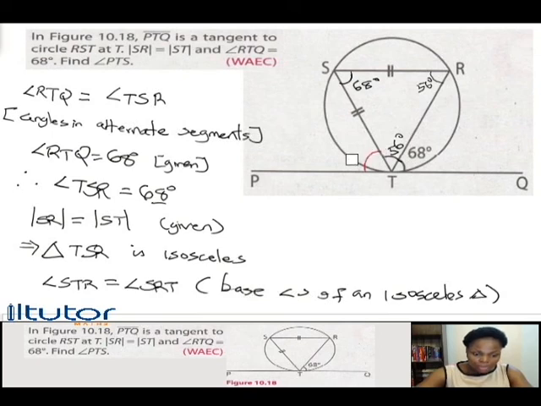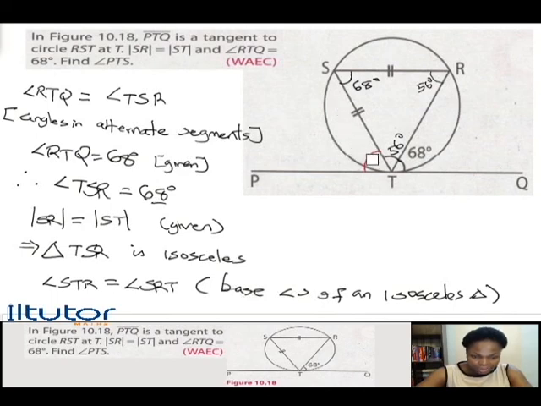According to the theorem that we stated, the angle between the tangent of a circle and a chord is equal to the angle in the alternate segment. So between this tangent and this chord TS, we have this angle, and this angle is supposed to be equal to another angle in the alternate segment.